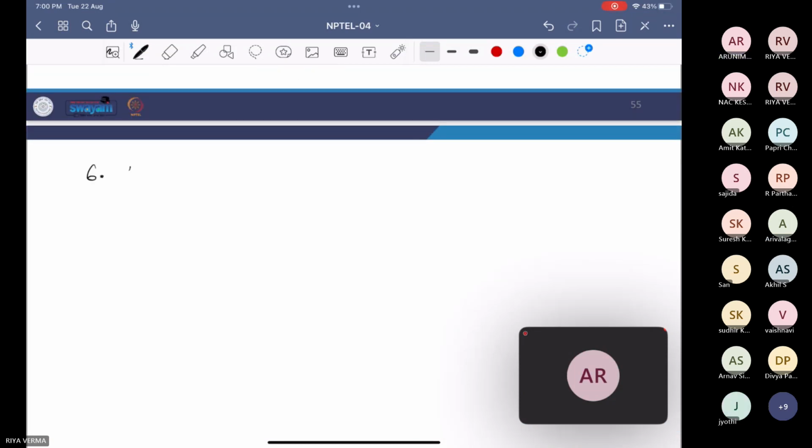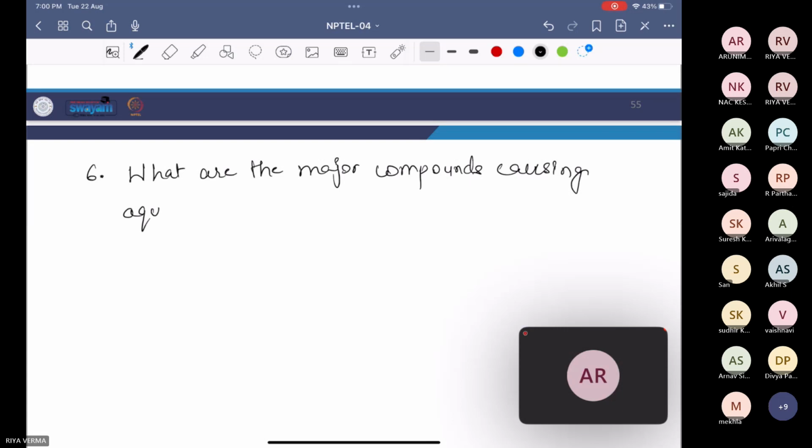Next question is, what are the major compounds causing aquatic eutrophication? A, Phosphate.